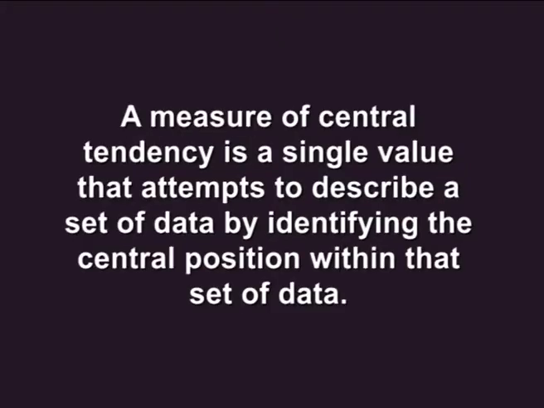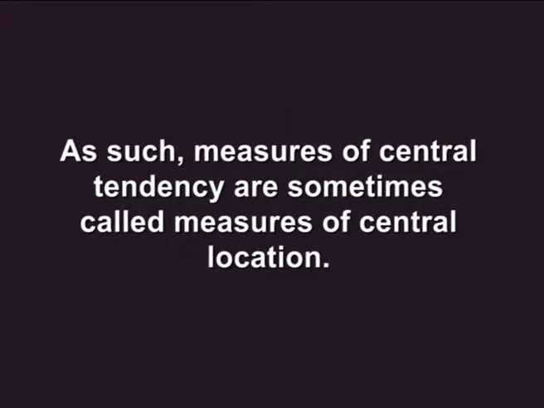Measures of central tendency. A measure of central tendency is a single value that attempts to describe a set of data by identifying the central position within that set of data. As such, measures of central tendency are sometimes called measures of central location.